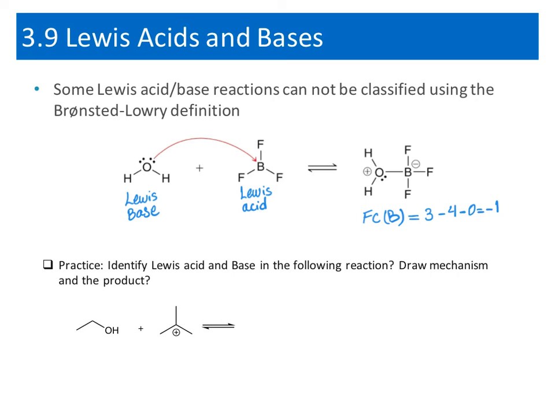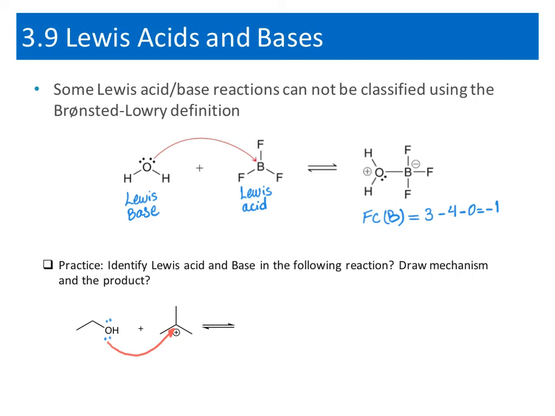Therefore, it can accept the lone pair of electrons. And carbocation, it doesn't have full octet, so it can accept electrons. So to show the mechanism, I use an arrow that attacks the acid. So the base attacks the acid here.